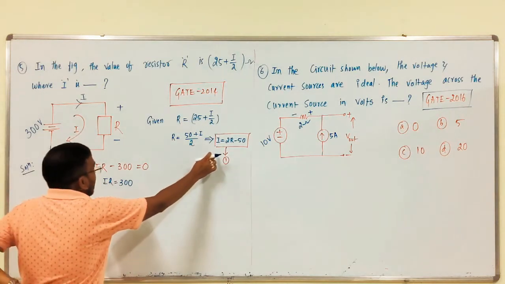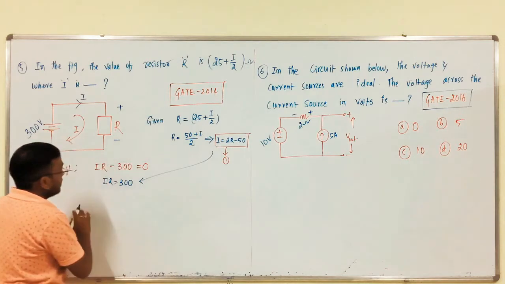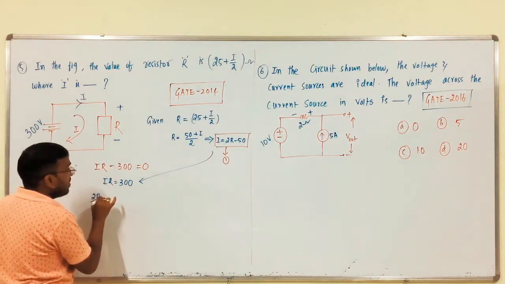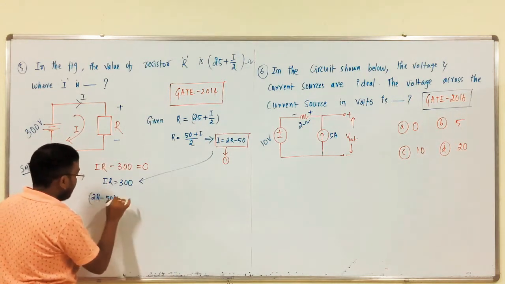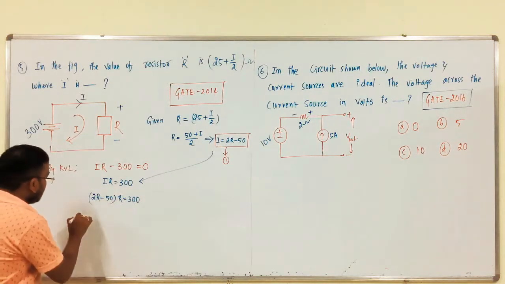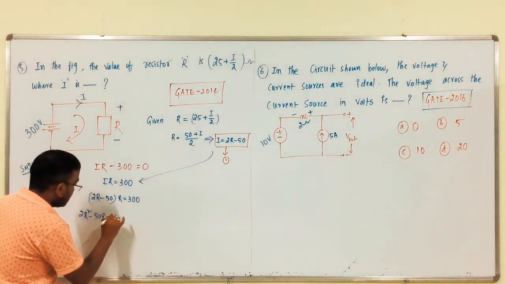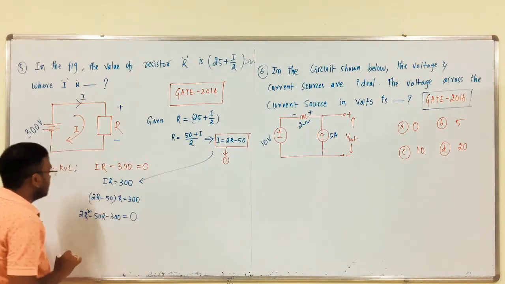From this substitute the value of I here, that is 2R minus 50 into R, which is equals to 300, that is it. That is 2R square minus 50R minus 300, which is equals to 0.